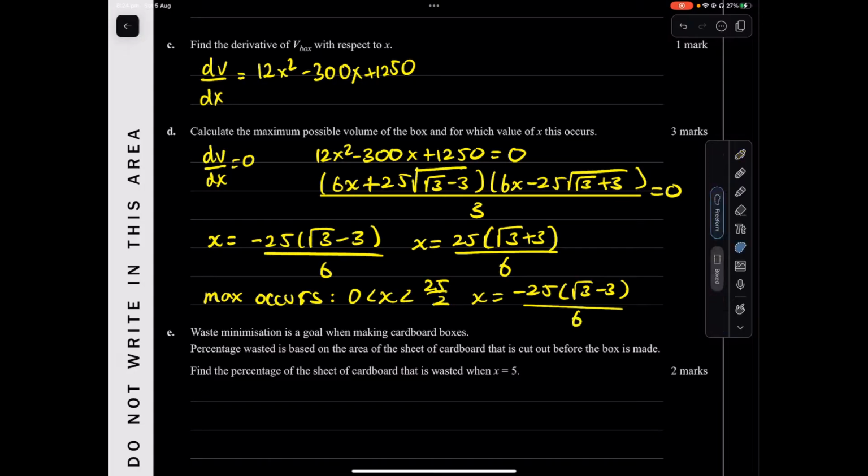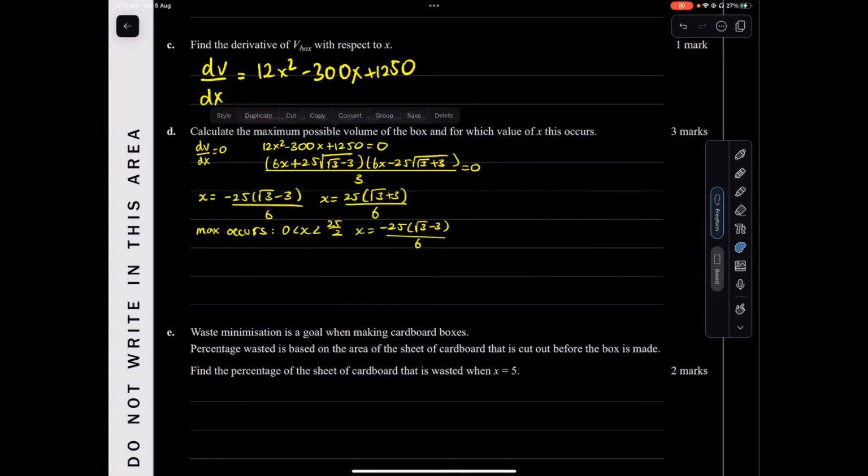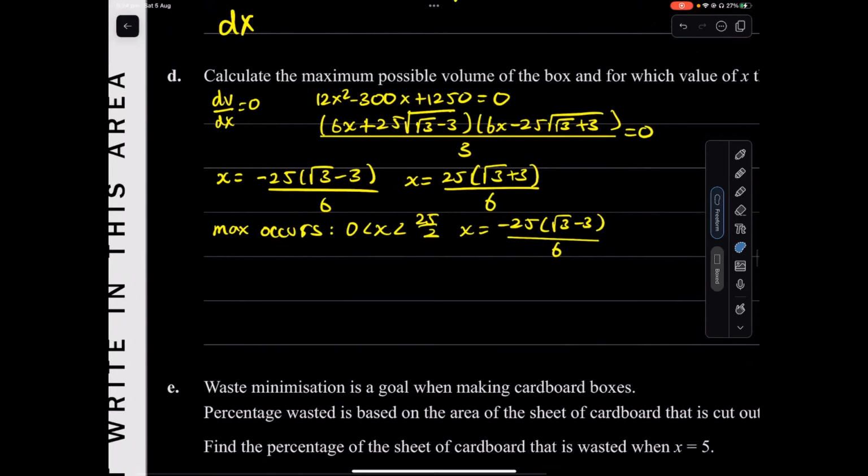Now I'm going to make this smaller. At least now we know our x value. Just make this smaller like this and put it over here. Now what we want to do is sub that into our v of x.